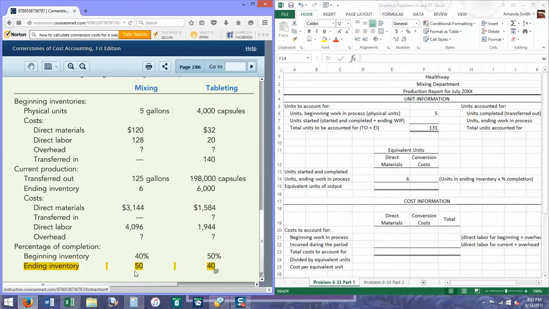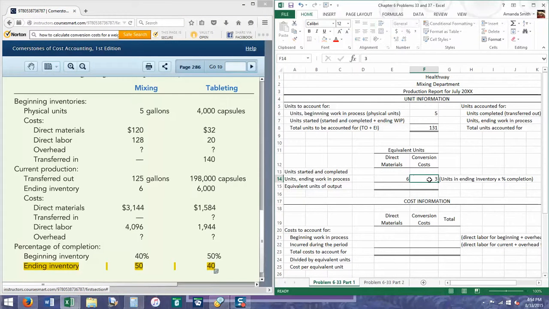For the mixing department, it's going to be 50% of whatever is in ending inventory, and for the tableting department, it's going to be 40% of whatever they have in ending inventory. This one is easy to figure out: 50% of 6 is 3. Then you're going to add your two amounts, and those are going to come into play later.